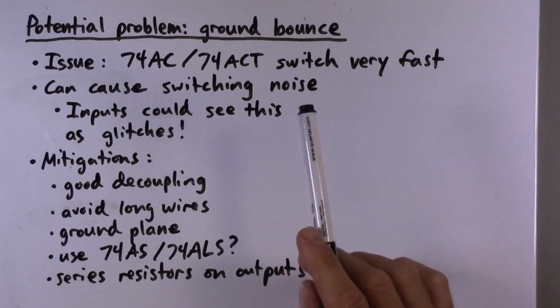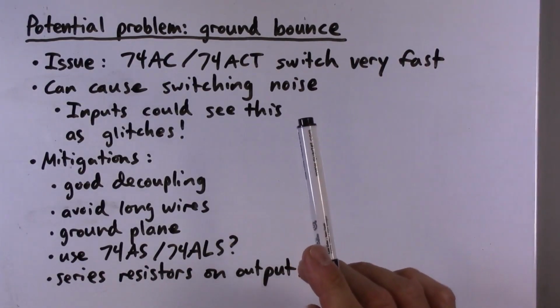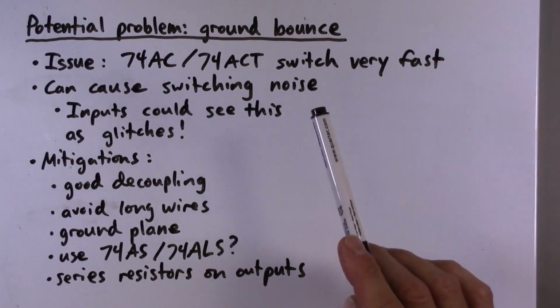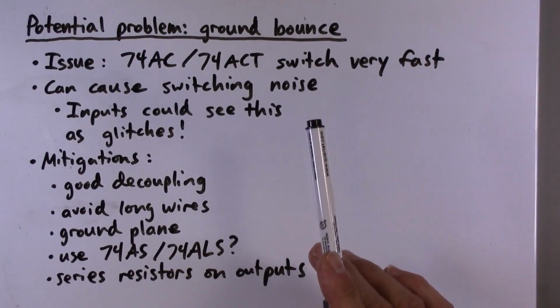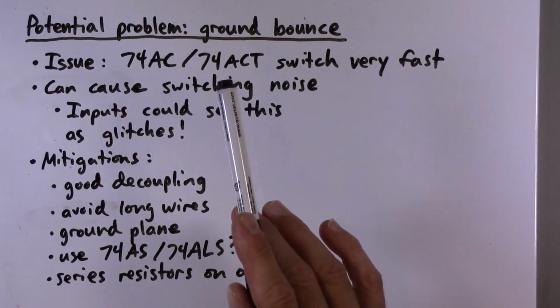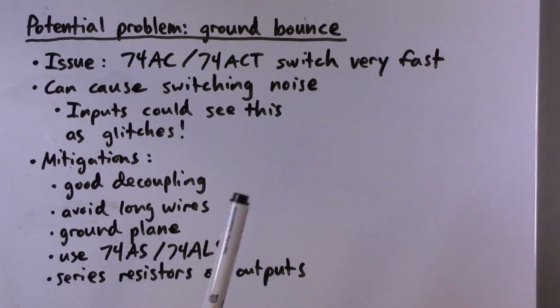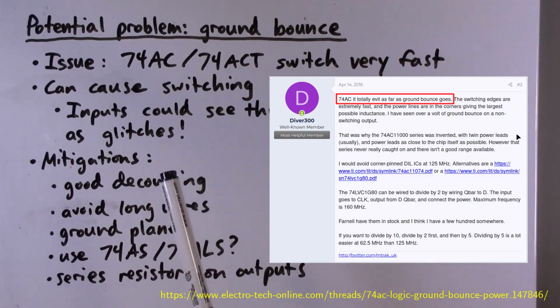So I am definitely not an engineer, and I really don't know anything about the analog characteristics of high-speed digital circuits, so please take everything I'm about to say with a grain of salt. But basically, from what I've read, these logic series 74AC and 74ACT are notorious for being a little bit tricky to work with. So here is a forum post that I found that mentions these issues.